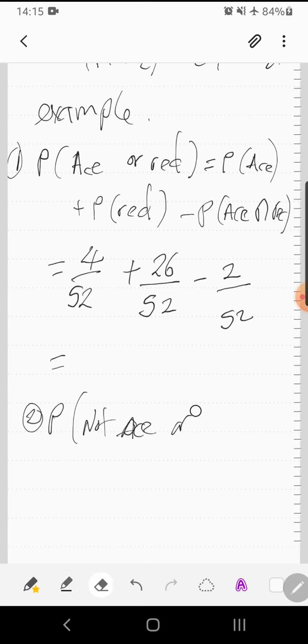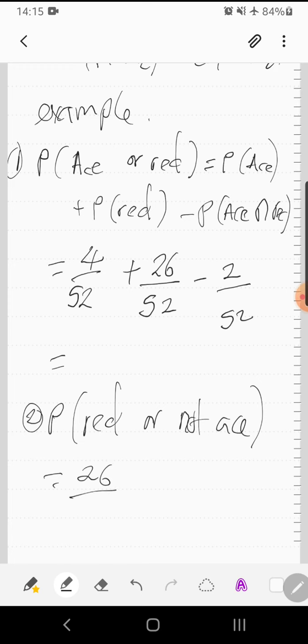Okay, maybe let's start with red or not S. So the probability of red cards is 26 over 52 plus the probability of cards which are not S's. So only 4 cards will be S's. So how many are not S's? So you have 52 minus 4, which is 48 over 52.